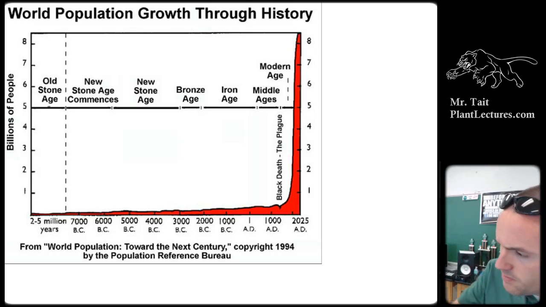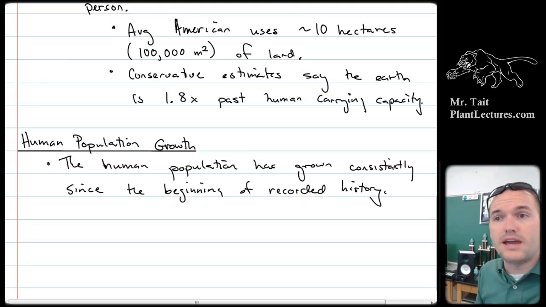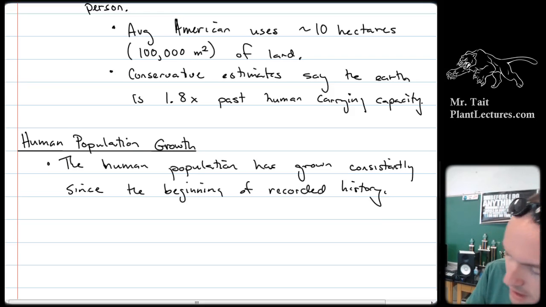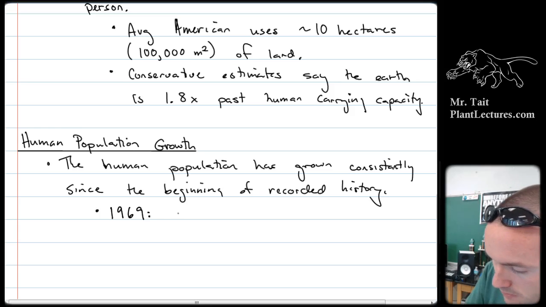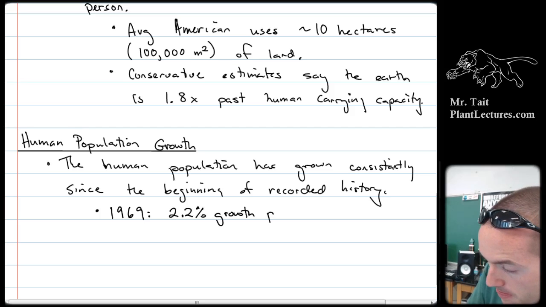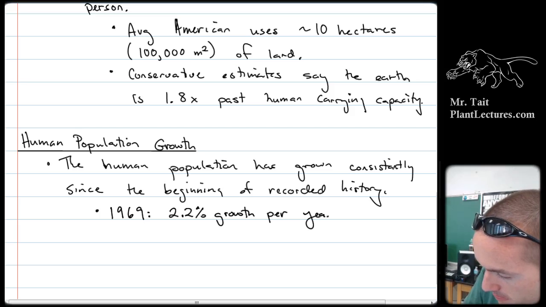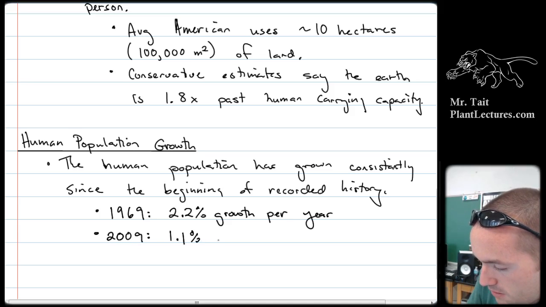So we're doing an okay job, right? If we look at the global population growth rate in 1969, it was roughly 2.2% growth per year. Compare that to 2009, when there was only 1.1% growth per year.